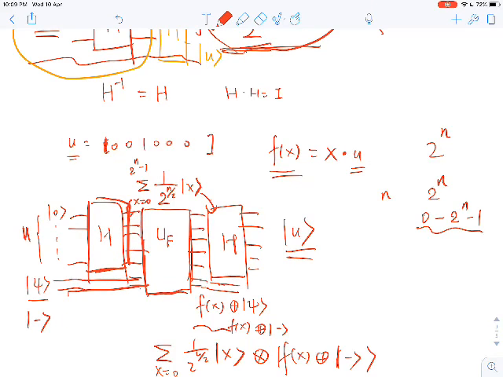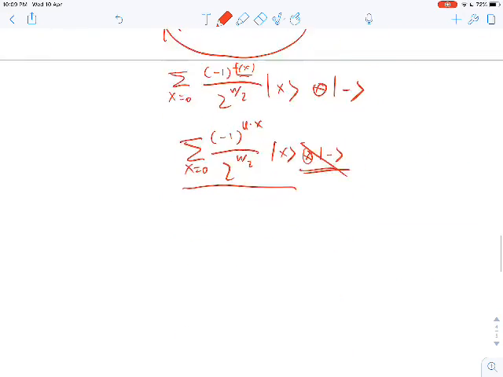Now let's look at the second quantum algorithm, Simon's algorithm.